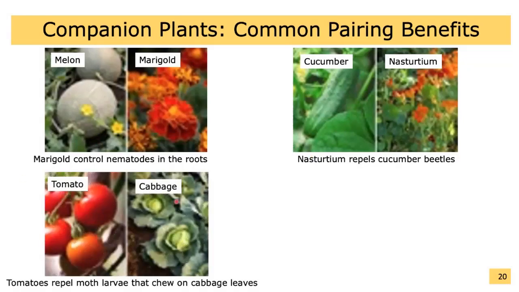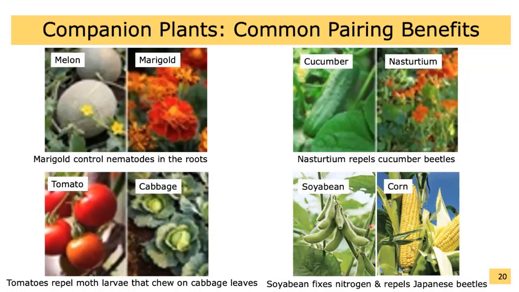Tomato and cabbage as companion plants: here, tomato repels moth larvae that chew on cabbage leaves. Soybean and corn as companion plants: soybean fixes nitrogen and also repels Japanese beetle of corn.